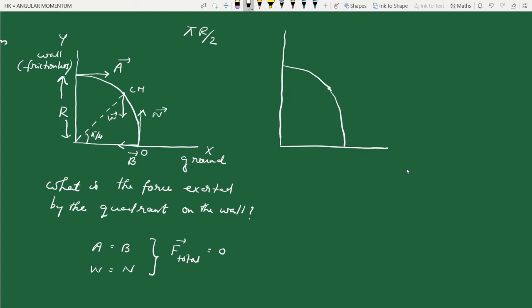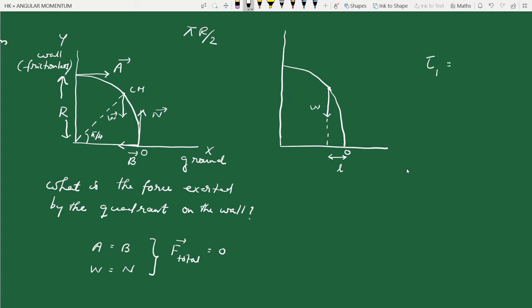This is the center of mass, and the force is W. This is our origin. So what is the torque due to this force? For that we need to find the perpendicular distance between this force and the origin, and the perpendicular distance is this one. Let's call it L.